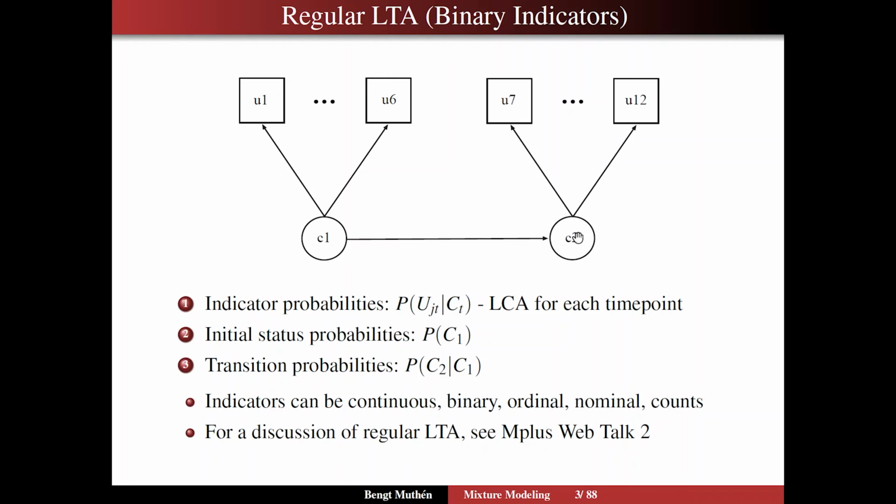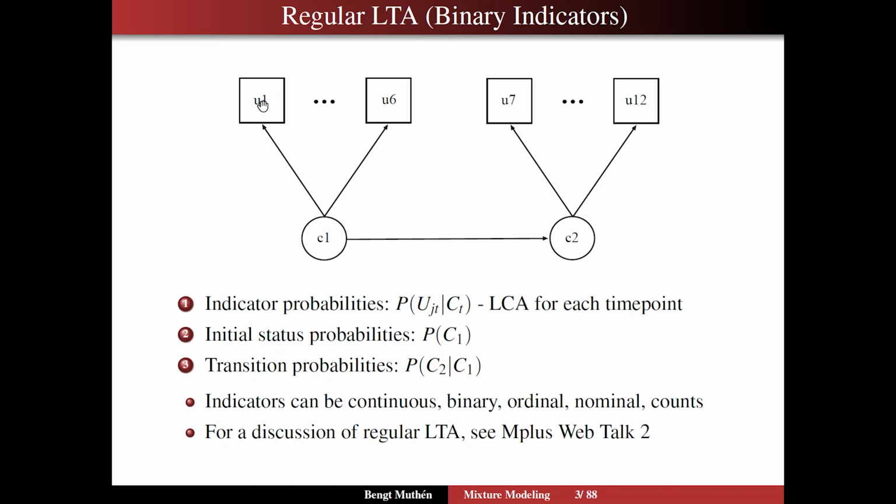So the parameters in this model are, number 1, indicator probabilities for each indicator U, where we have a probability for the indicator, referring to U1 in this case, conditional on class at a certain time point, Ct.